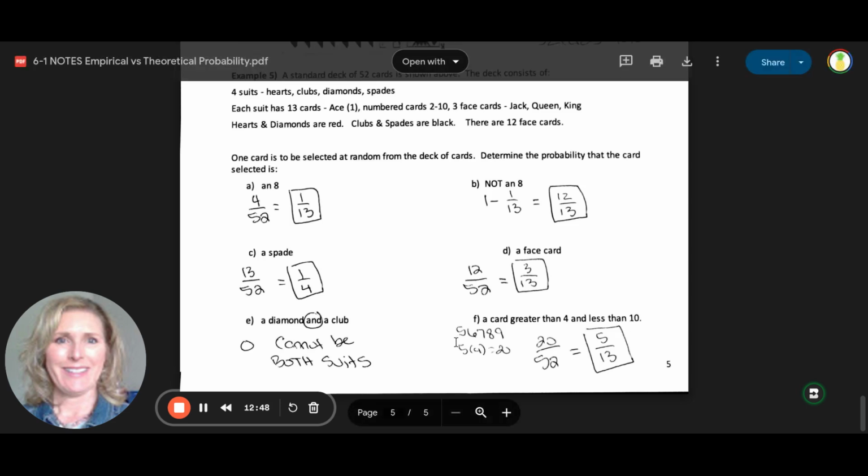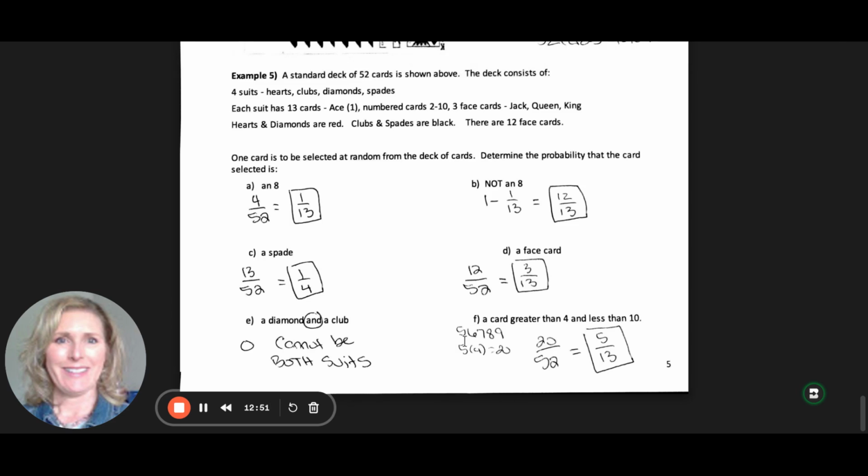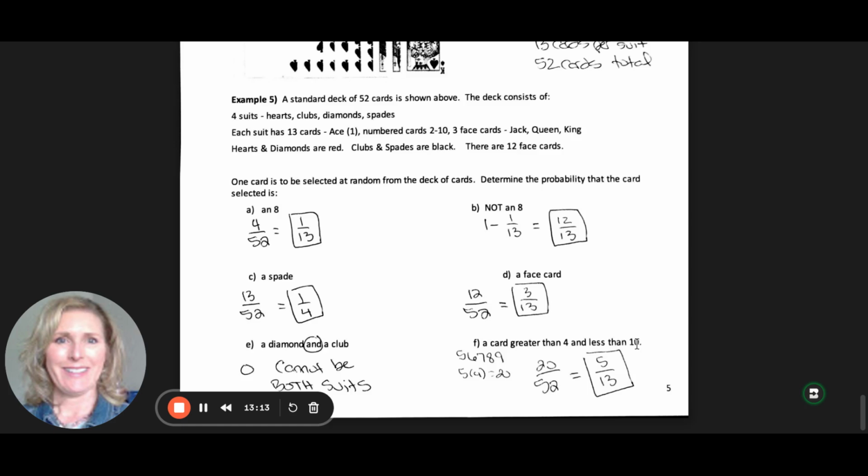All right, so I wrote them down and I determined that you could draw a 5, 6, 7, 8, or 9. So there are 5 cards right here, and there are 4 suits. So there are 20 different cards that are between 4 and 10. So 20 out of 52 possibles, and I reduced that, and I got 5 out of 13.